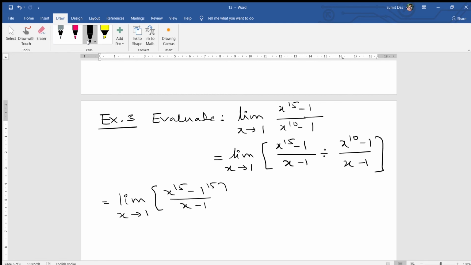Divided by x minus 1, limit x tends to 1, x to the power 10 minus 1 to the power 10 divided by x minus 1. Look, in this division I'm using the algebra of limits, and why I'm writing 1 to the power 15 is so that we can use the formula directly.